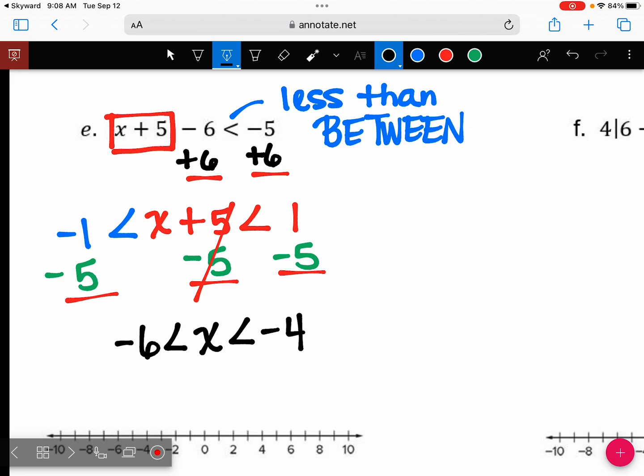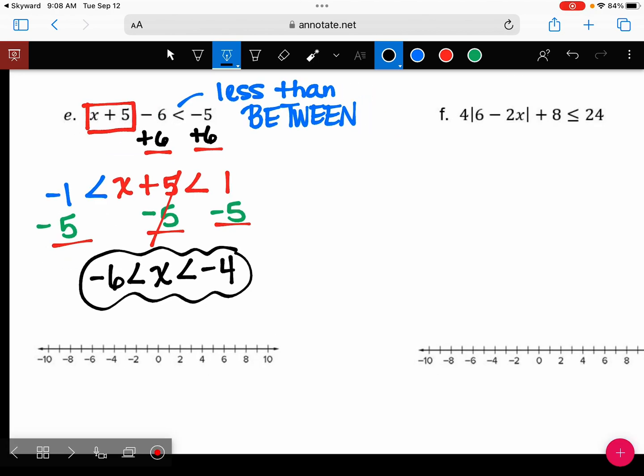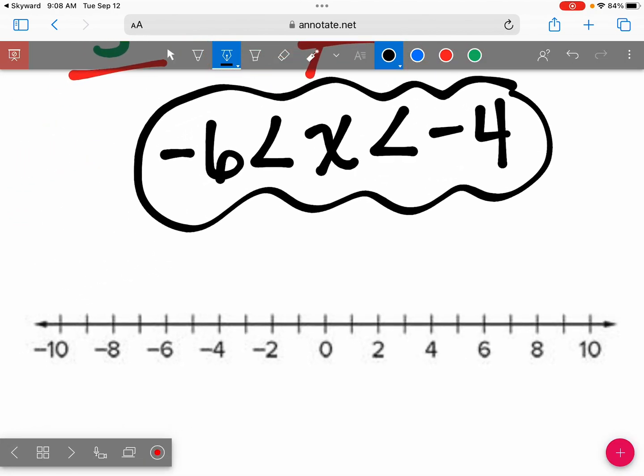So your solution is between -6 and -4. So when you graph that, let me zoom in on my number line. I'm putting an open circle on -6 and an open circle on -4. It's just a little bitty graph right in the middle.